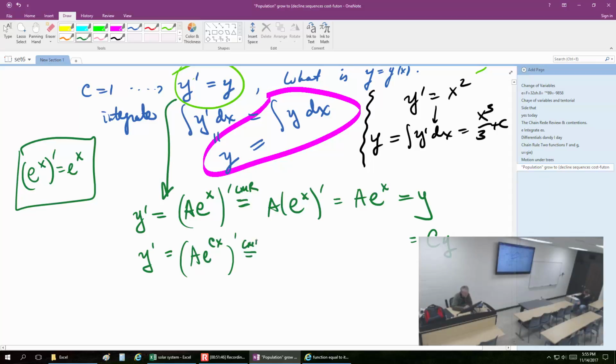Once again, constant multiple rule. a e^(cx), what's the derivative? e^(cx) by the chain rule, c e^(cx), yes. Okay, so that works out, as you can see.